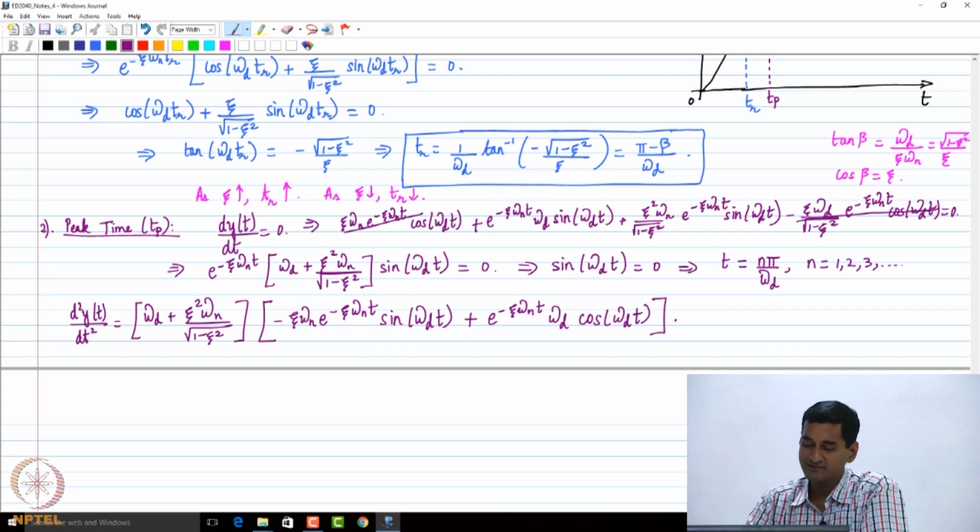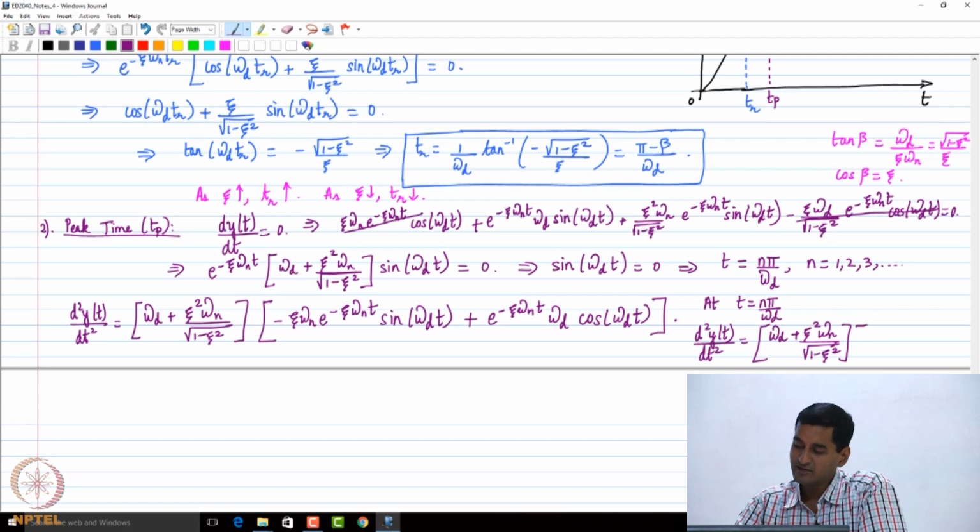I took the second derivative. This is a constant term. Then I just differentiated. Why does the first term vanish? At t equals n pi by omega d, the second derivative just becomes omega d plus zeta squared omega n divided by square root of 1 minus zeta squared, multiplied by, the first term vanishes because it becomes sin n pi, that's 0.